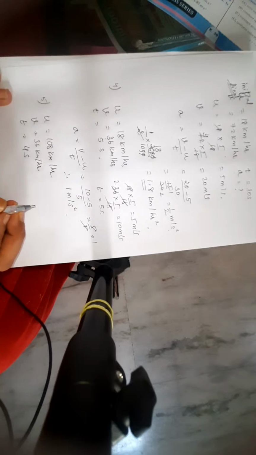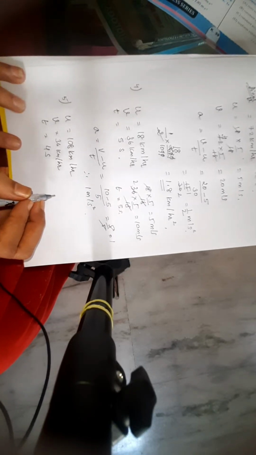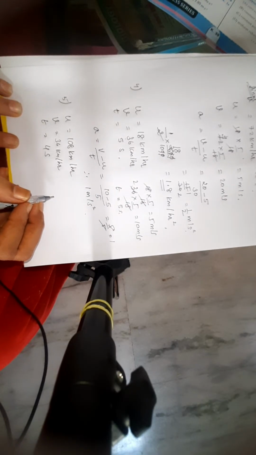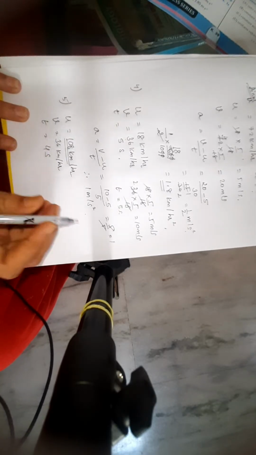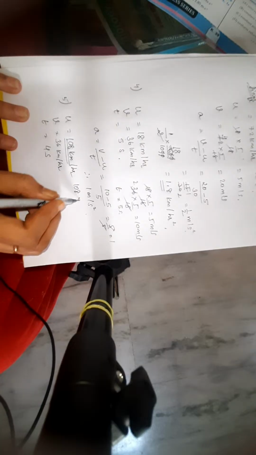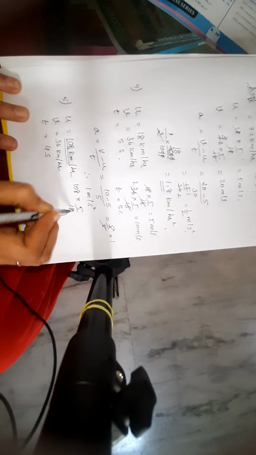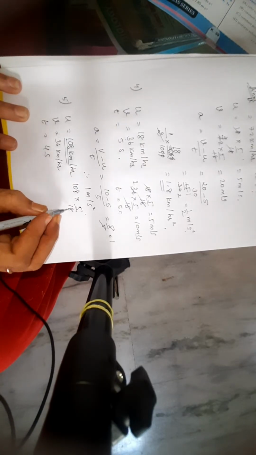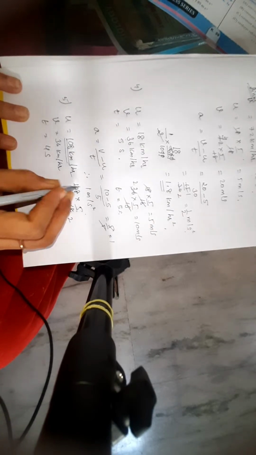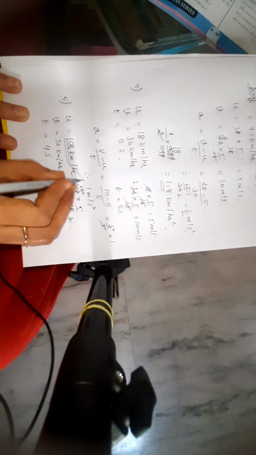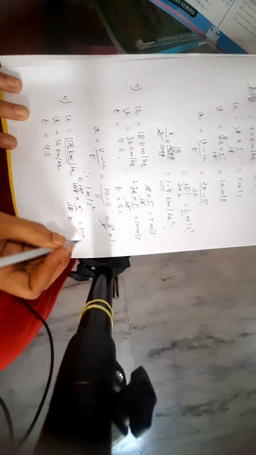Find its retardation. Again we need to find a. So here, as I told, we need to convert first into meter per second. 108 multiplied by 5 upon 18, thus it is 30 meter per second.